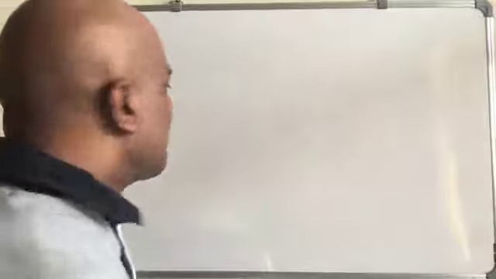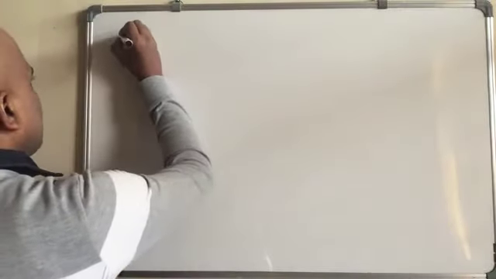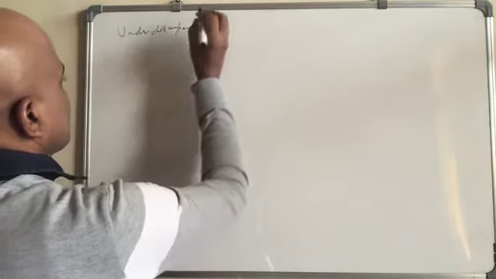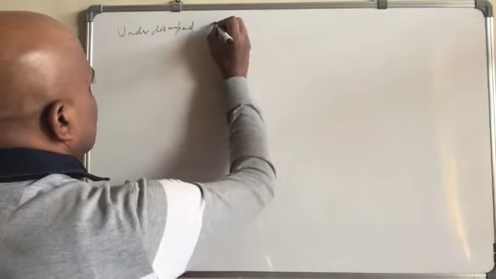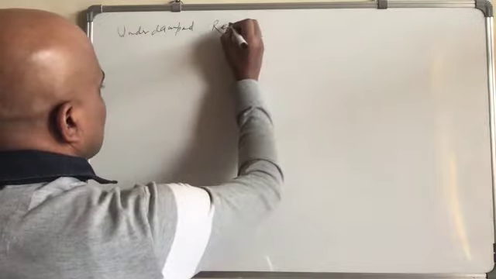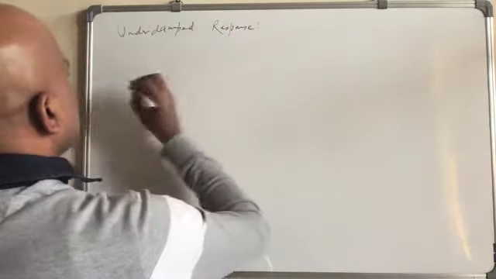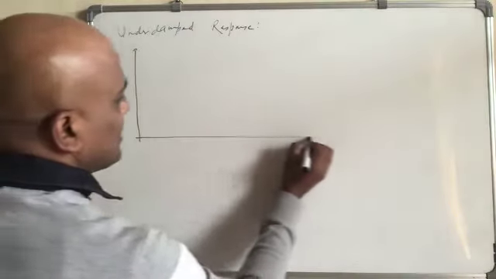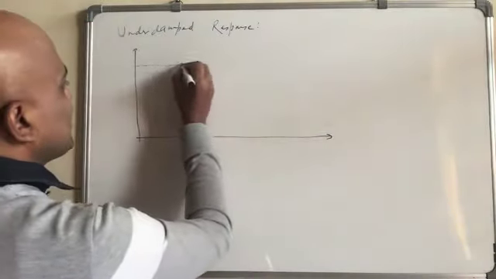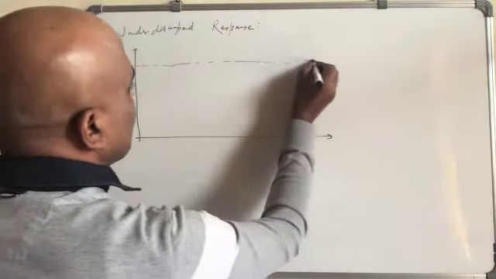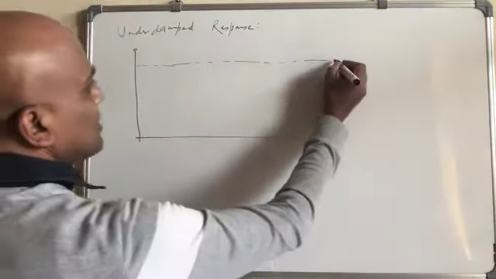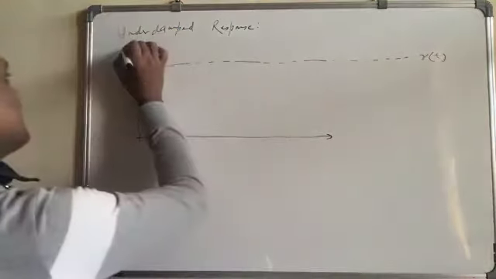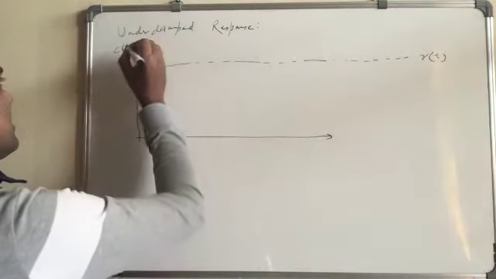So since the underdamped condition is important, underdamped response. In that case, as we studied, if this is the reference where it was the input, this is R(t), and our C(t) was this.